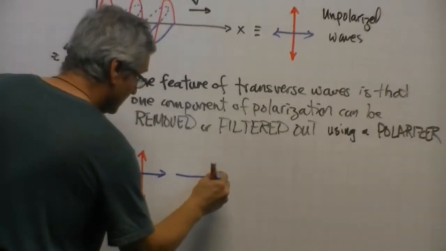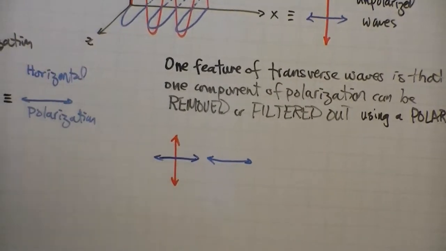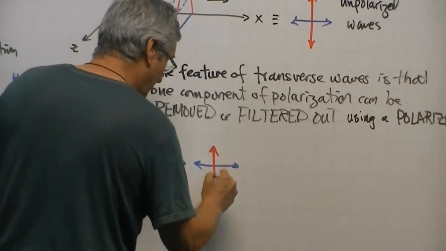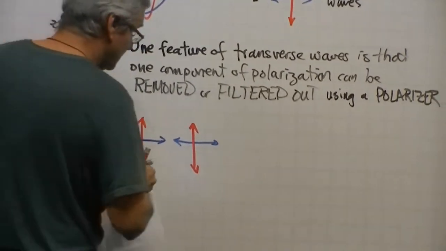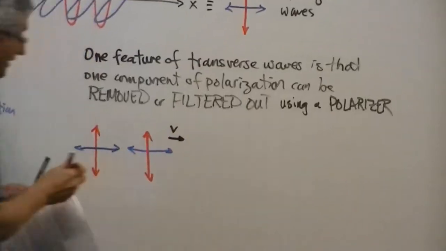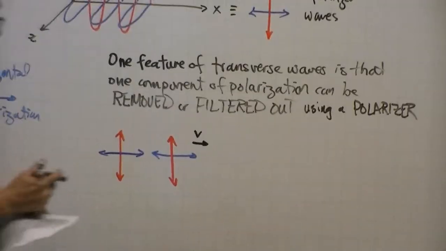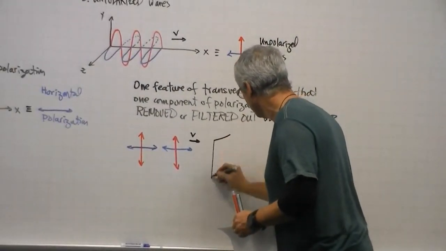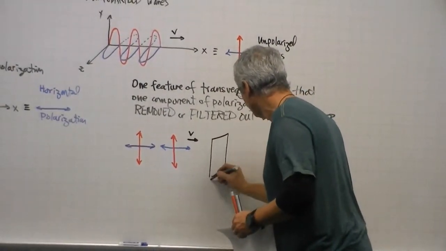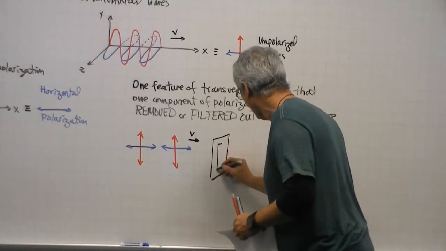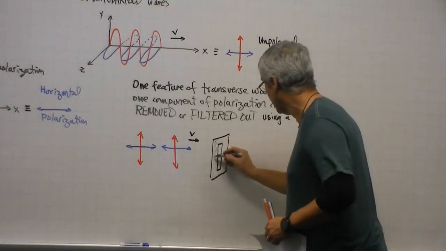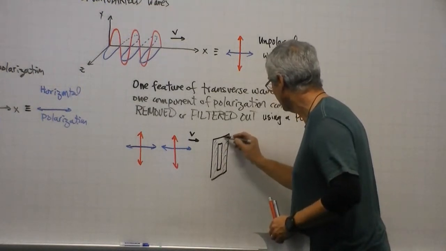So you can imagine that I have a stream of waves going to the right. So if I have this stream of waves going to the right, as indicated by this wave speed v here, now imagine that I have a single vertical slit here. When I look at this vertical slit, what I imagine is that I have a hole in this scenario right here, and everything else is blocked out.